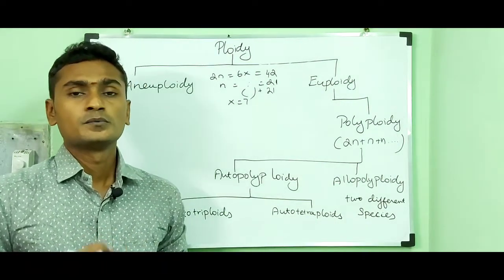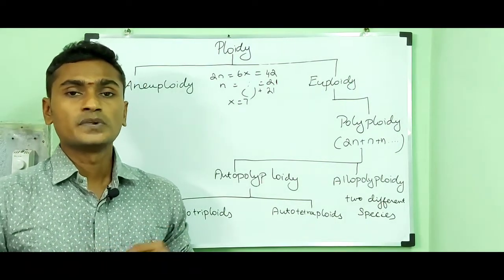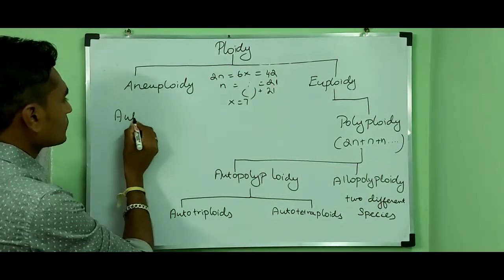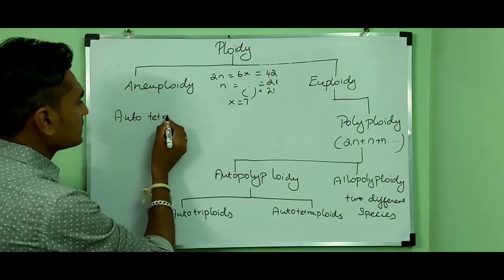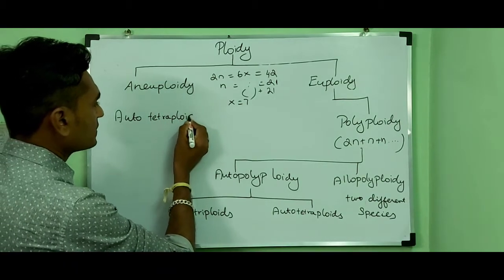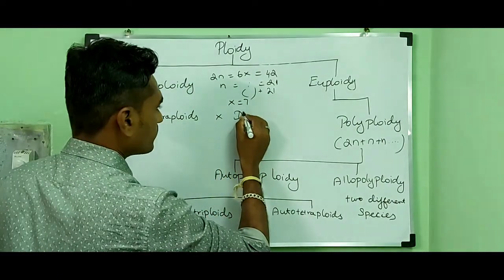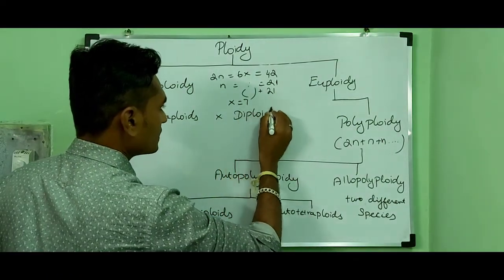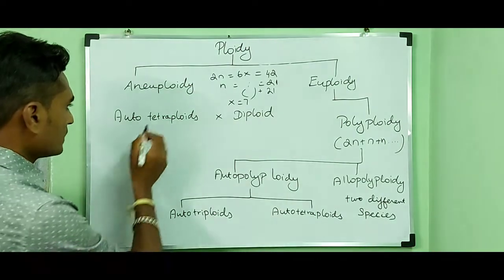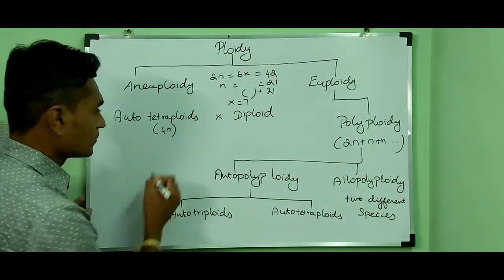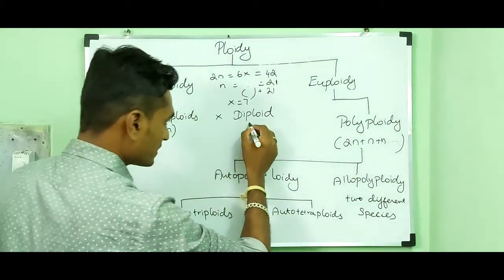Autotriploids are produced artificially by making a cross between autotetraploids and diploids. Autotetraploids contain 4n, four sets of chromosomes. Diploid contains 2n.